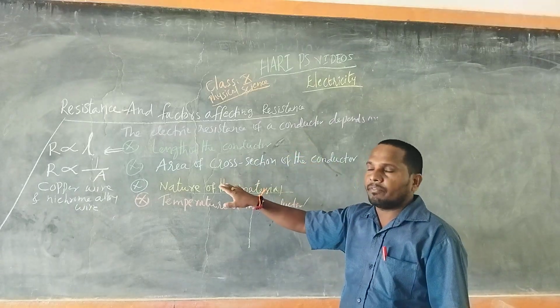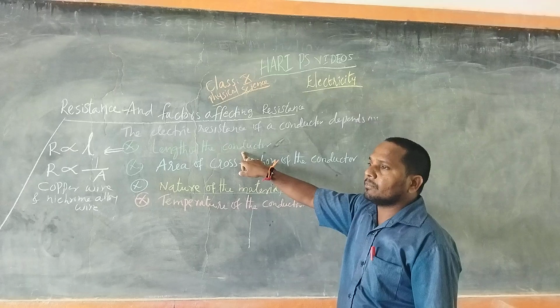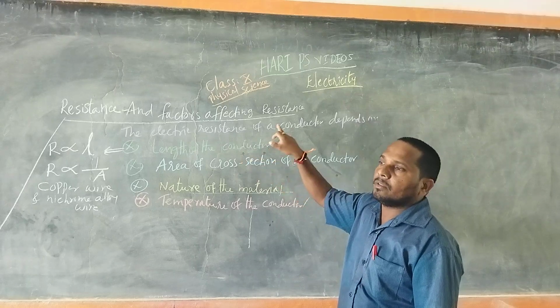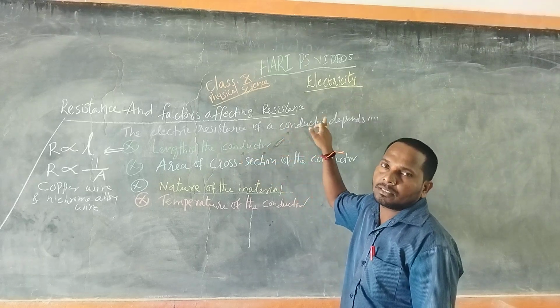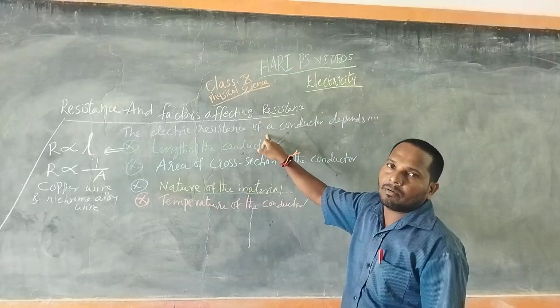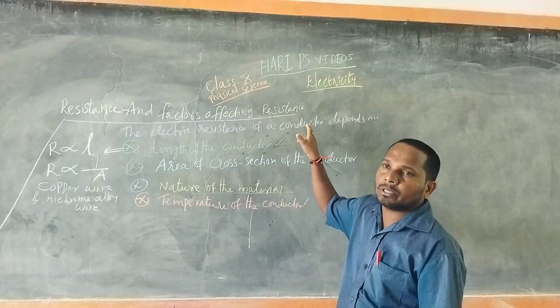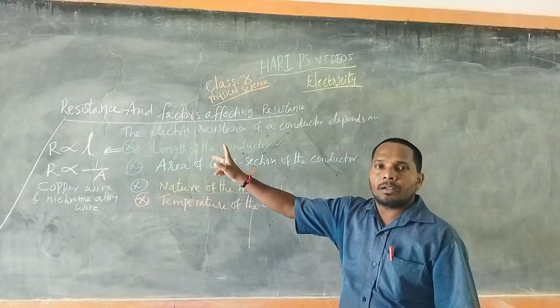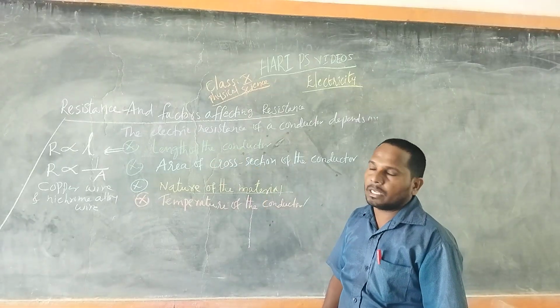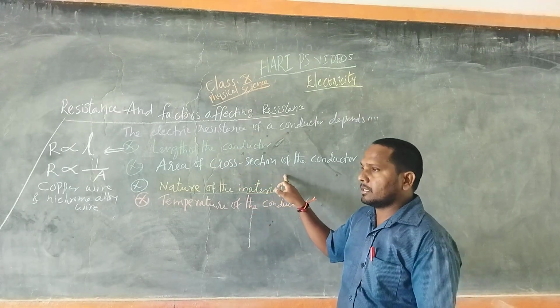Four factors affect it. One is the length of the wire or conductor. If the length of the wire is more, resistance is more. If the length is less, resistance is also less. If the length increases 2 times, then resistance also increases 2 times. Then the area of cross section.